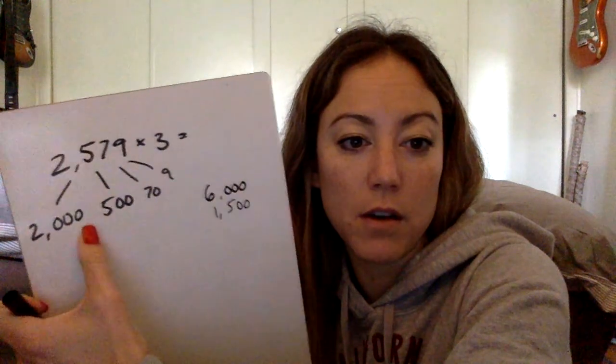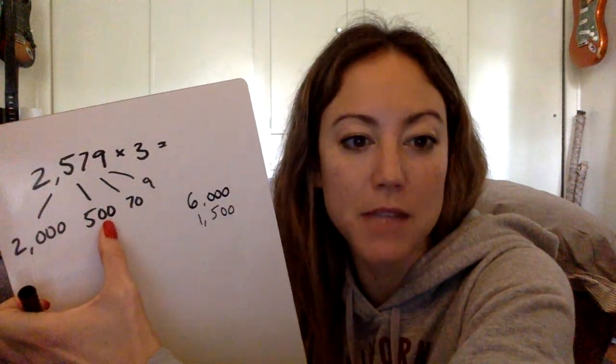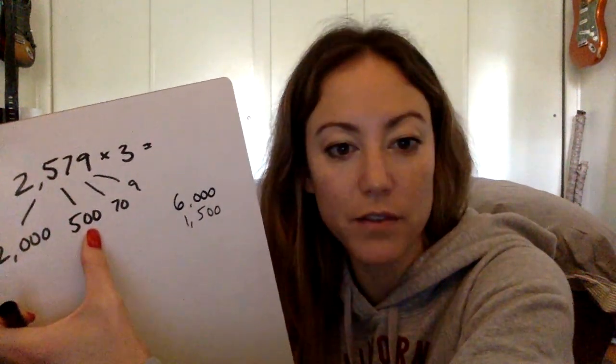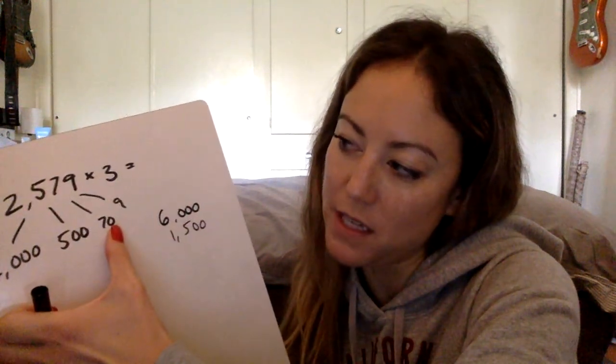So your answer would be 100 times that amount, because 500 is 100 times 5. So 1,500. And then 70 times 3 is 210. And then 9 times 3 is 27.